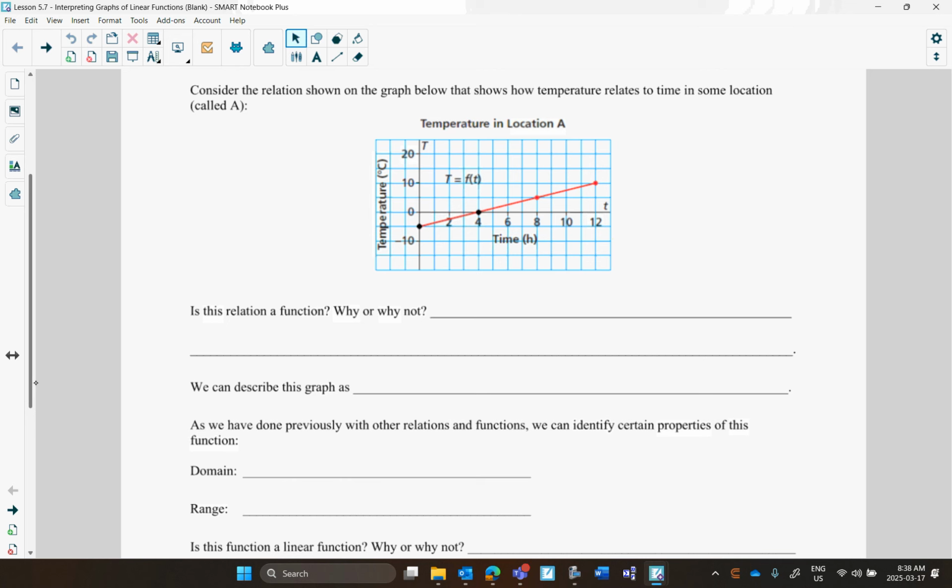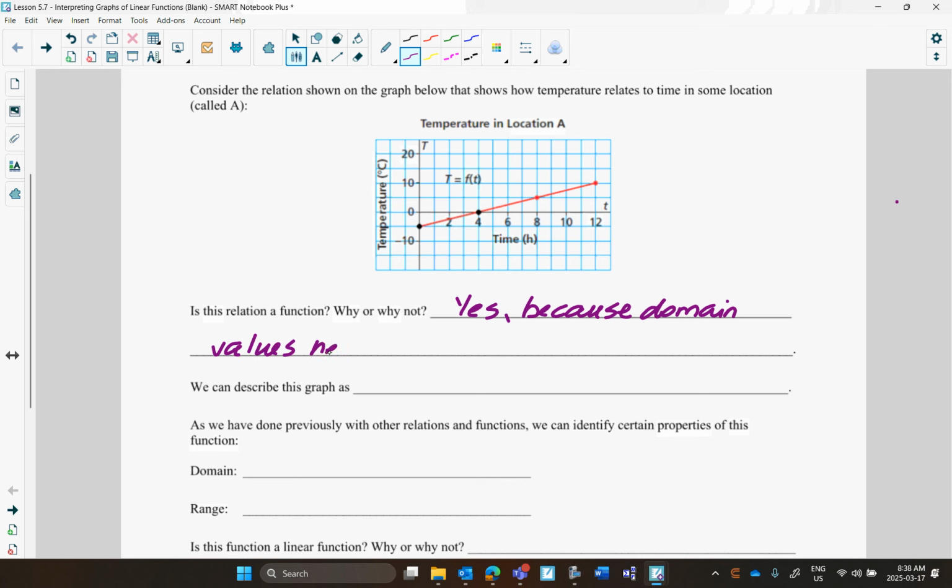So we can just, and remember the reasoning why you explain something as a function or not, domain values never repeat. So you would simply say yes, because domain values never repeat.